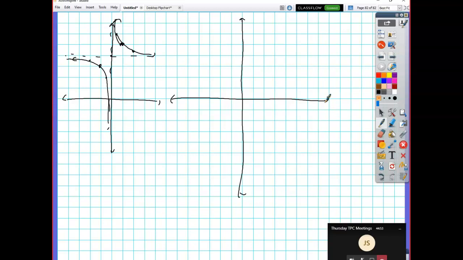So, if I plug in a negative 2, oh, that's not good. Plug in a negative 3, I get negative 1. Do I not? Yep. If I plug in a negative 2, I get undefined. If I plug in a negative 1, I get 1. If I plug in a 0, I get 1/2. I plug in a 1, I get 1/3.